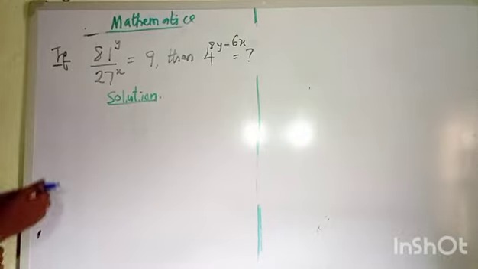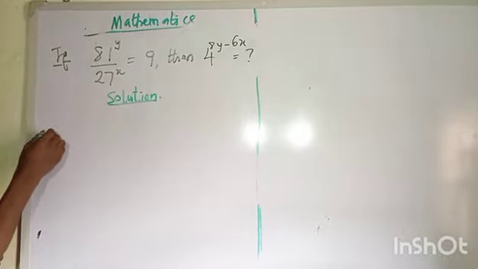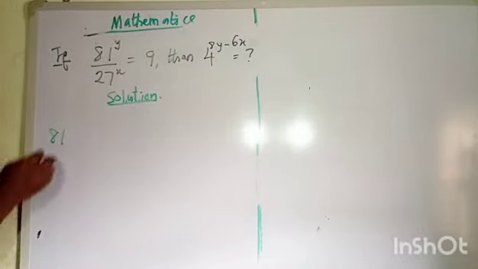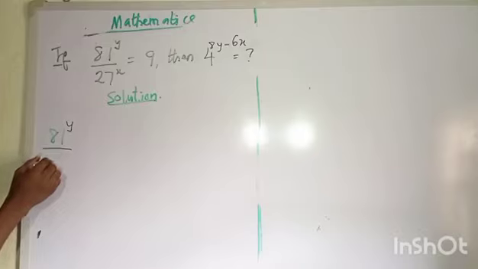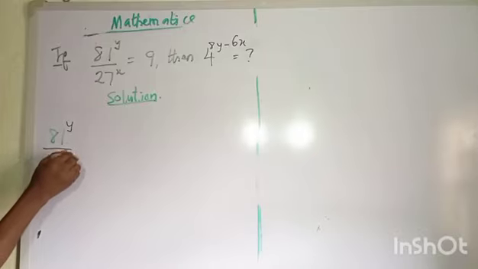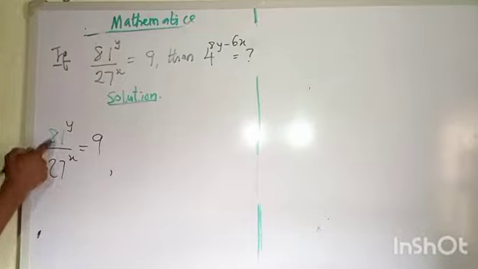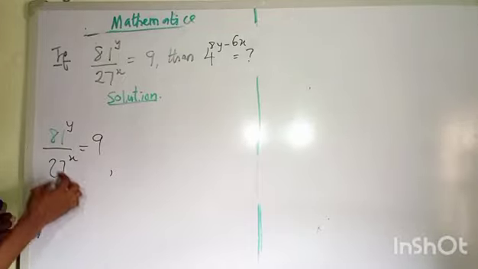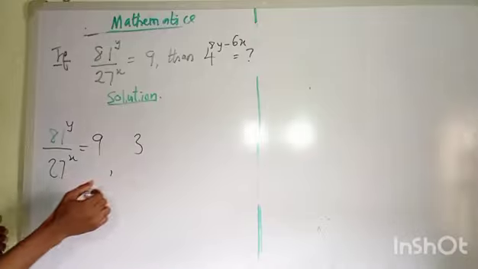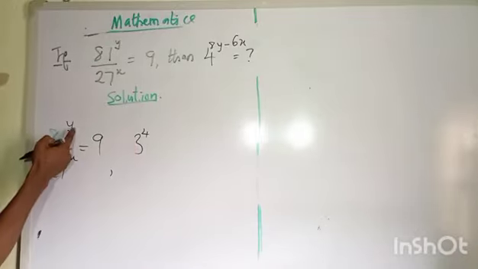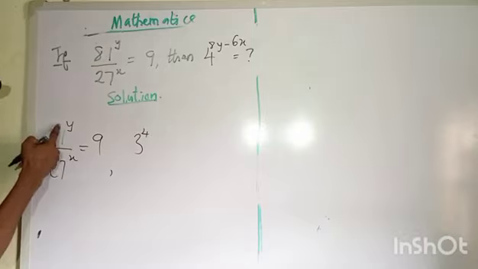So I'm just going to go straight to it. 81 raised to the power y all over 27 raised to the power x equals 9. The whole equation can be written as: 81 is actually 3 raised to the power 4, and there's this y already as a power, so power will multiply power.